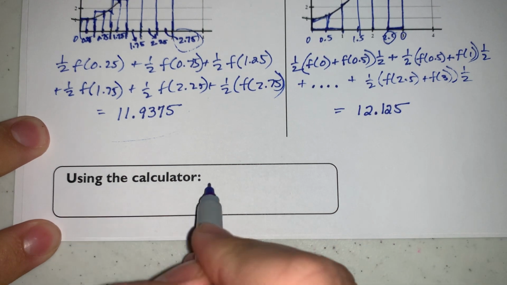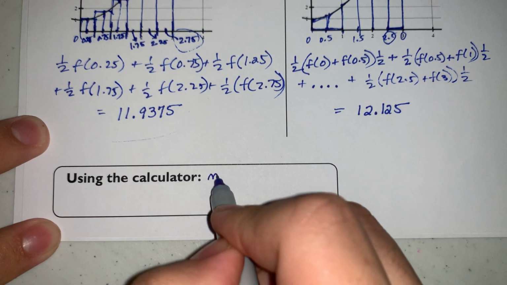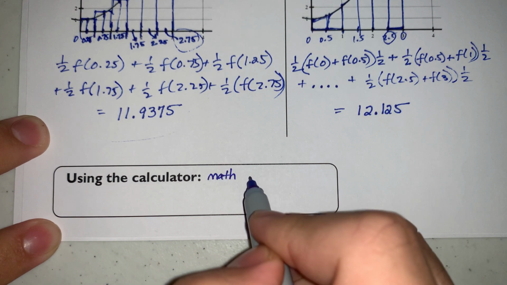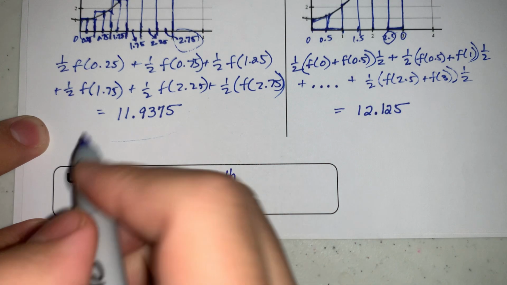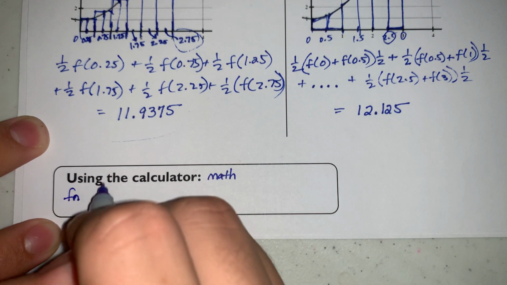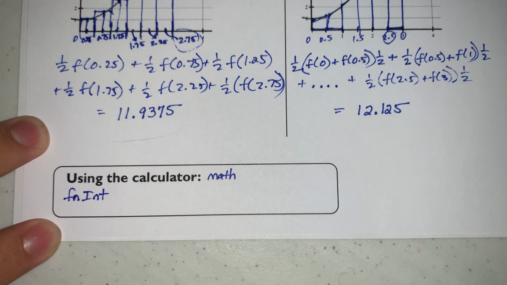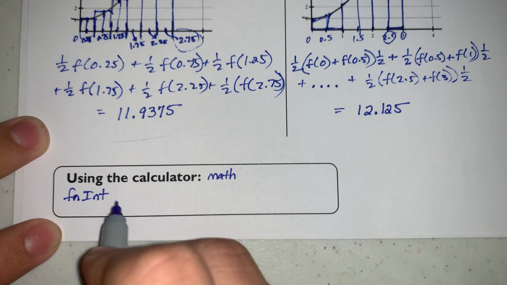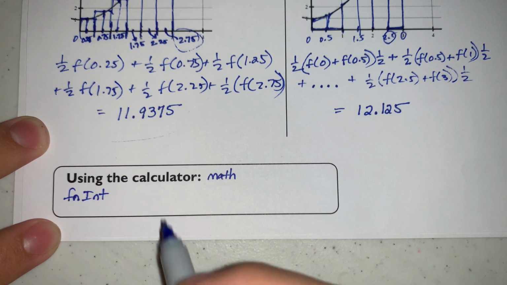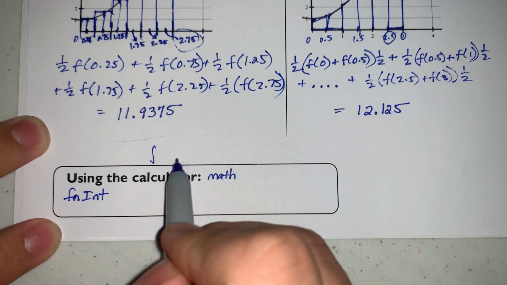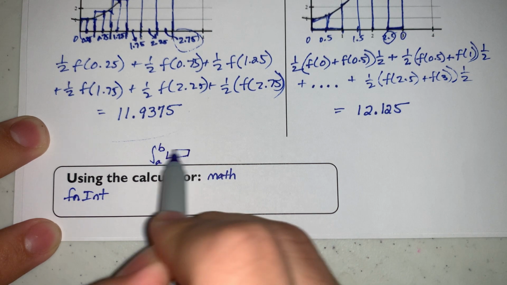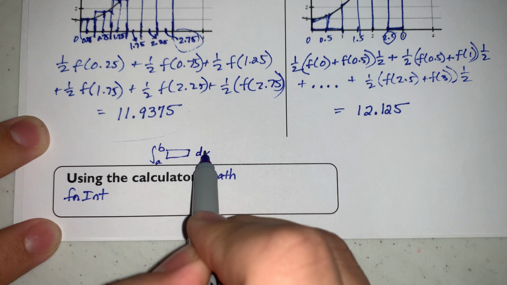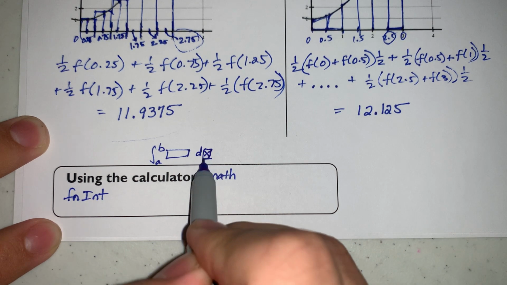When you go into your calculator, you go to math, and then underneath math, you scroll all the way down to where it says fnInt, basically the integral function on the calculator. Some calculators are a lot more fancy and actually set up the integral for you, like from a to b, and then you type in your function there, and then it's dx, where I think you have to put in with respect to x.